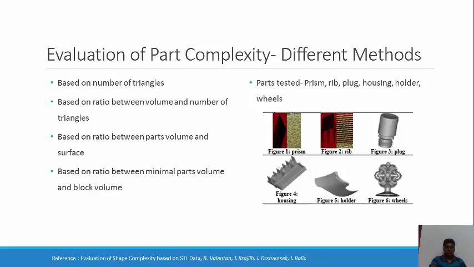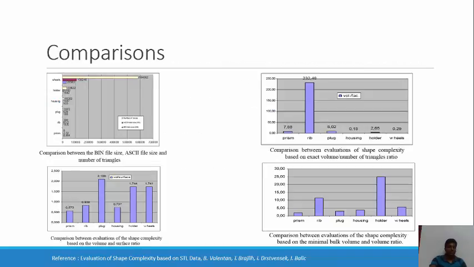The file size or number of triangles depend only on the part's complexity and the exporting resolution, but are not influenced by the part size, and therefore can be used for a rough evaluation of shape complexity. The first figure, in the top left corner, shows the comparison between the ASCII file or binary file size and the number of triangles used, that are the number of triangles that are generated.